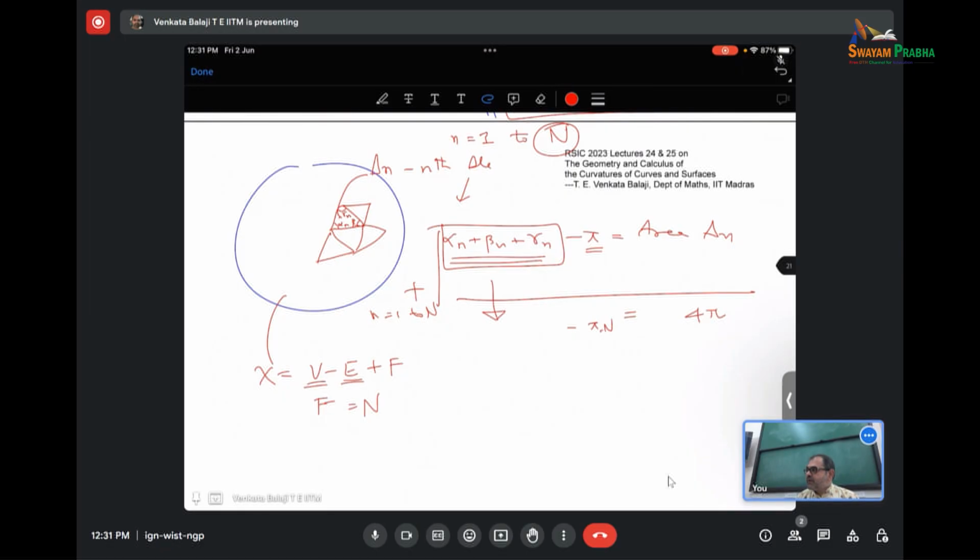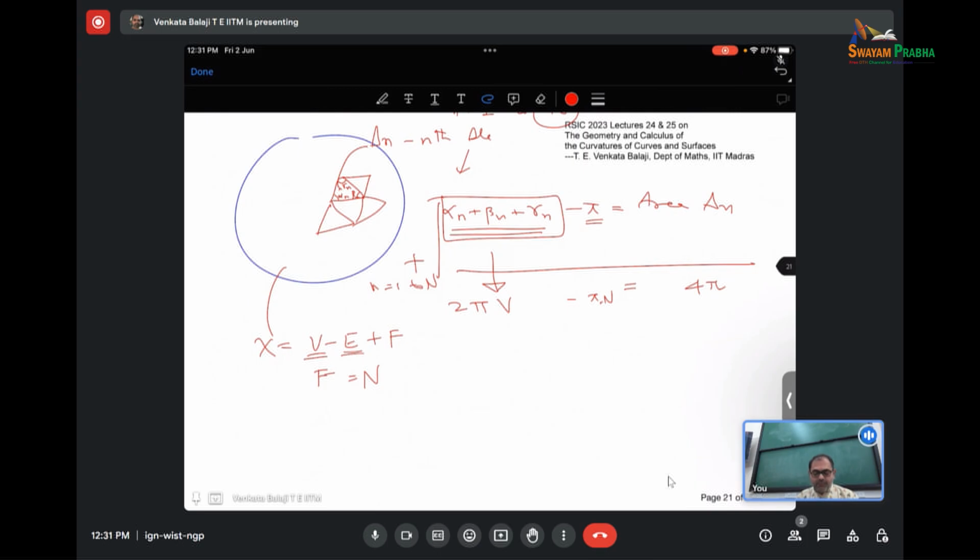Around a vertex, that's the total angle, right? And how many vertices are there? There are V vertices. So if you add all these guys, you will get 2 pi times V. You understand this?